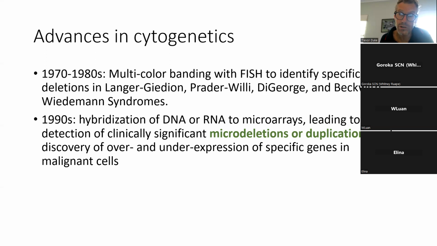DiGeorge syndrome, that you might have heard about, a condition that is often linked to congenital heart disease, but also linked to aplasia of the thymus. And so children have a T-cell immune deficiency. And Beckwith-Wiedemann syndrome, again, a sort of a macrosomic type syndrome where children often have what we call hemihypertrophy.